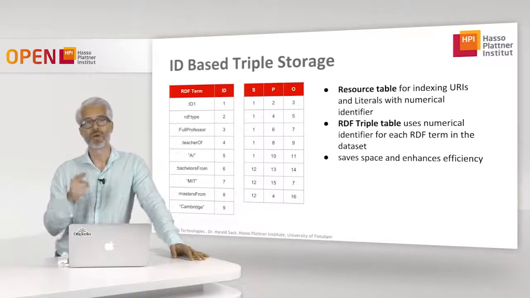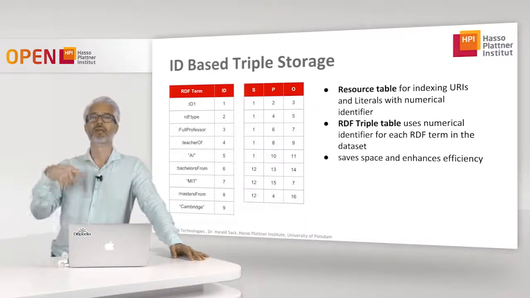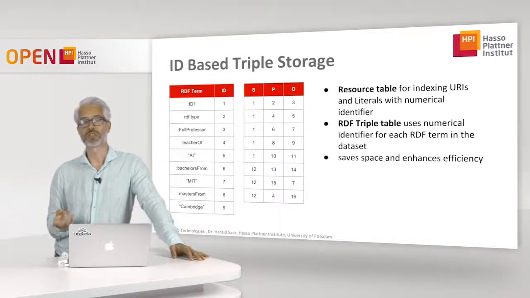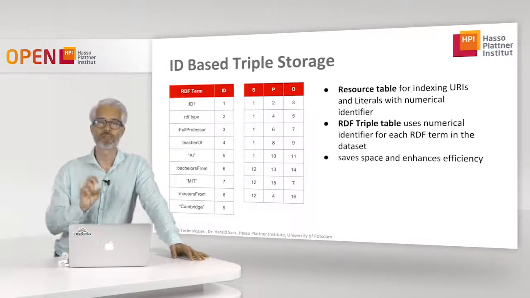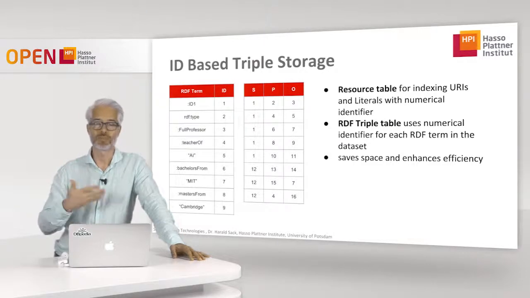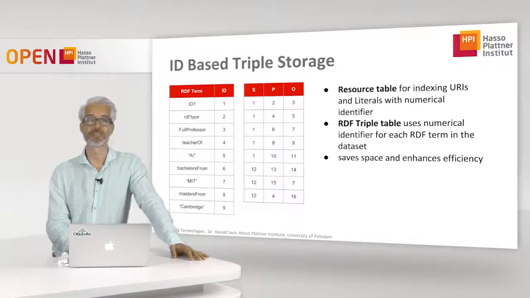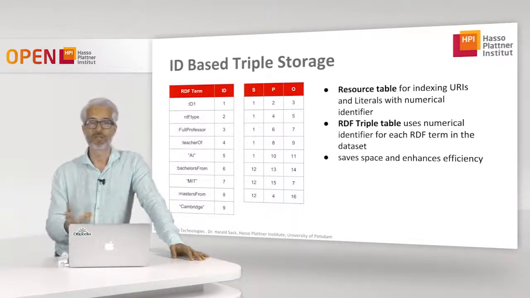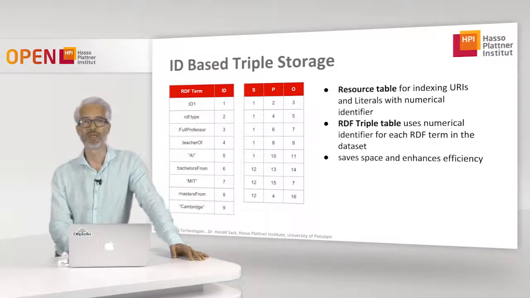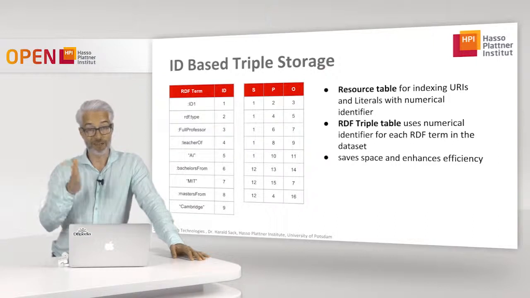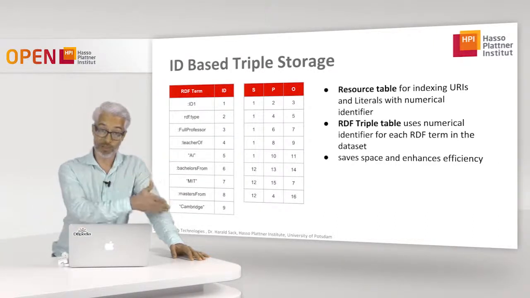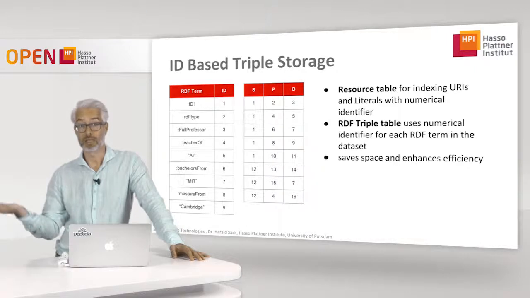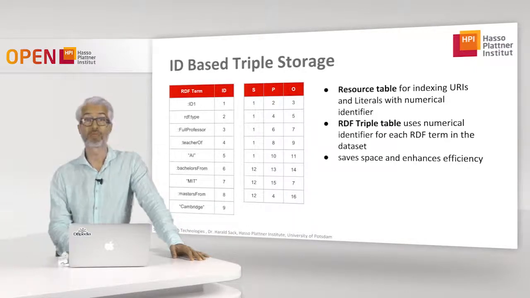And then I use these numerical identifiers in my original RDF triple table, which makes the triple table much more concise and speeds up the performance, because then long strings do not have to be stored within the triple table where the self-joins have to be carried out. So this saves space and definitely enhances efficiency. So first I separate this large monolithic table into a resource table and an RDF triple table. So this is the first means that I can apply.